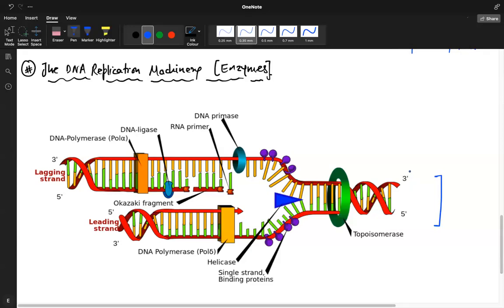There is one strand which has a 3' to 5' polarity. Can everyone see this? We are seeing from this side, everyone. Yes, sir. Okay. The other strand goes like this, it's opened and it's here, 5' to 3' polarity. So these are the two strands of the DNA.